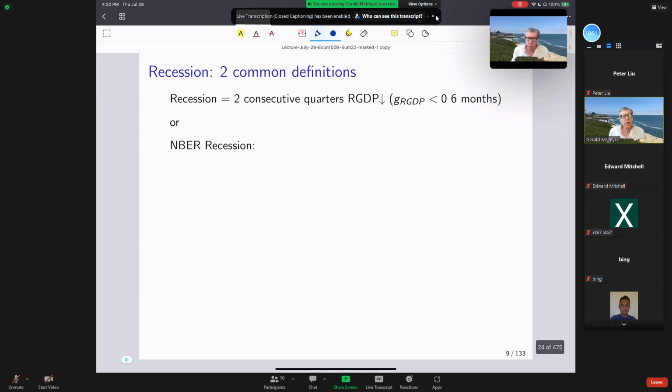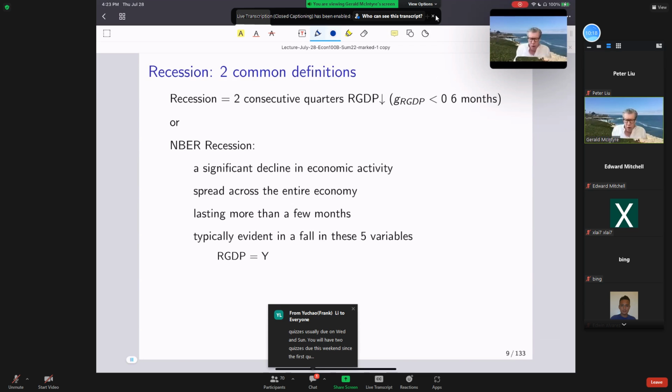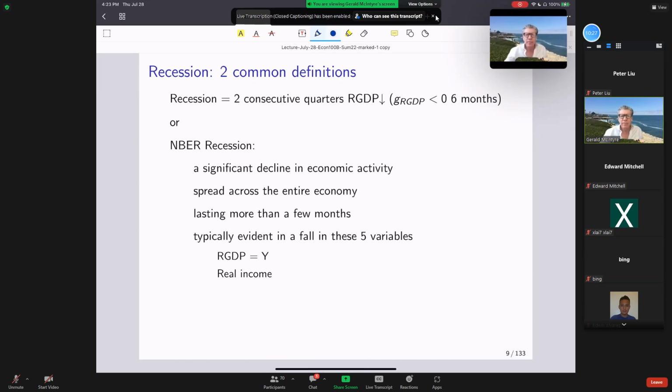But we also have the NBER definition of a recession, which, recall, is a significant decline in economic activity spread across the entire economy, affecting more than just one industry, but many industries, lasting for more than a few months, and typically evident in all of these five variables. The five variables are real GDP, our variable Y, real income, employment, industrial production, and wholesale and retail sales.